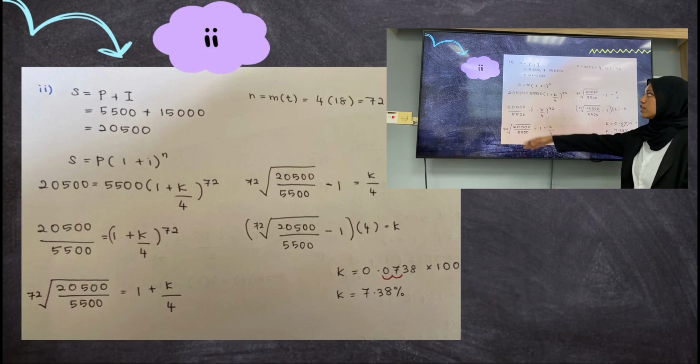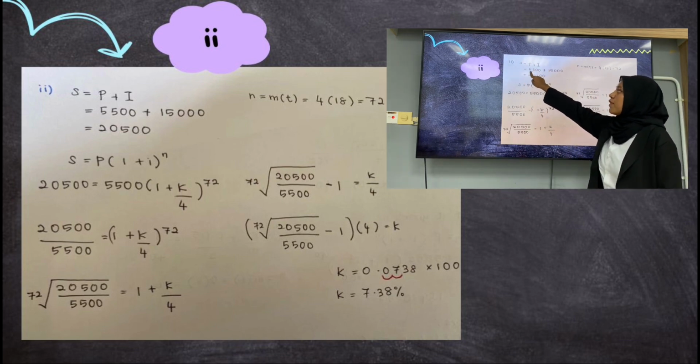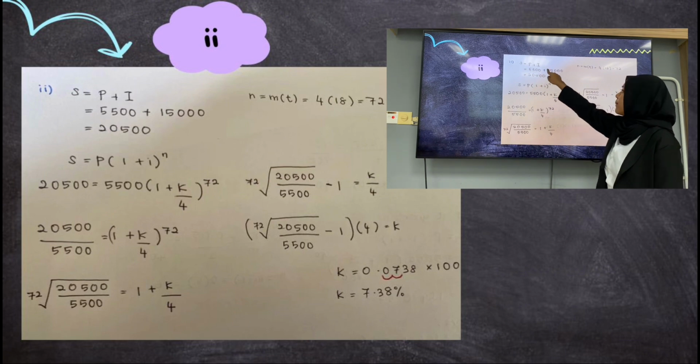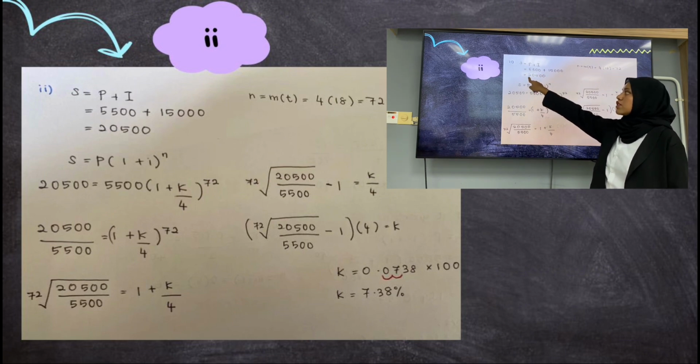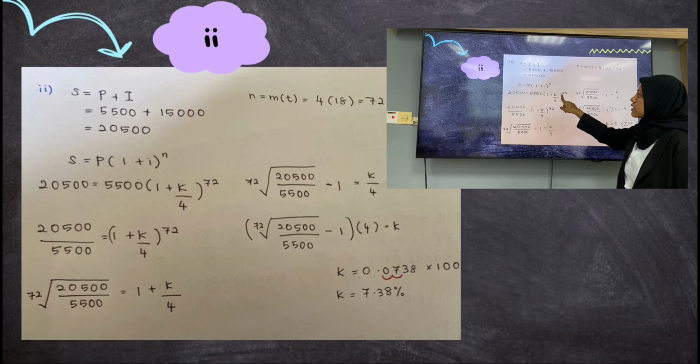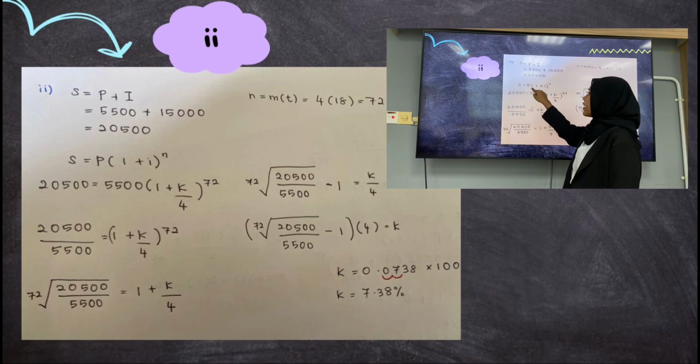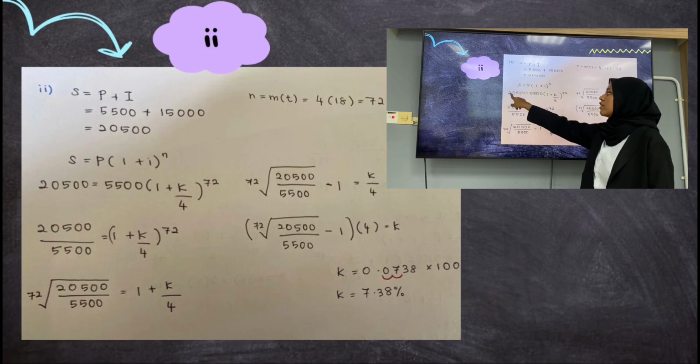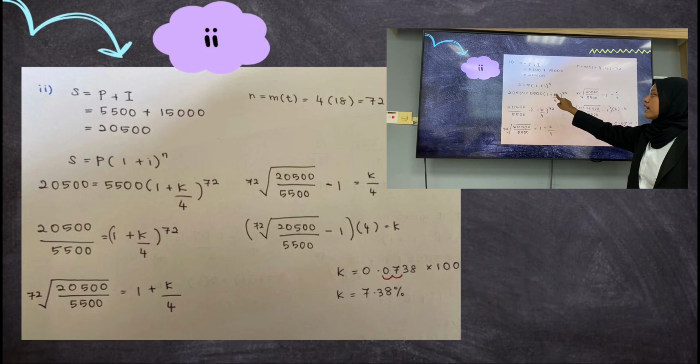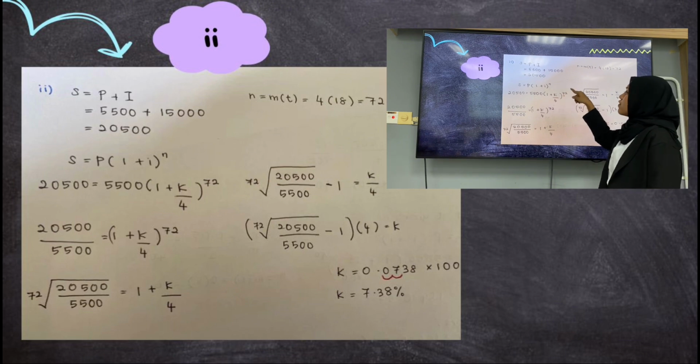For question 2, we need to calculate the minimum acceptable interest rate. Here's the solution. S equals P plus I, which is 5,500 plus 15000. The answer is 20500. The next step is S equals P(1 + i)^n. So we have 20500 equals 5500(1 + k/4)^72.